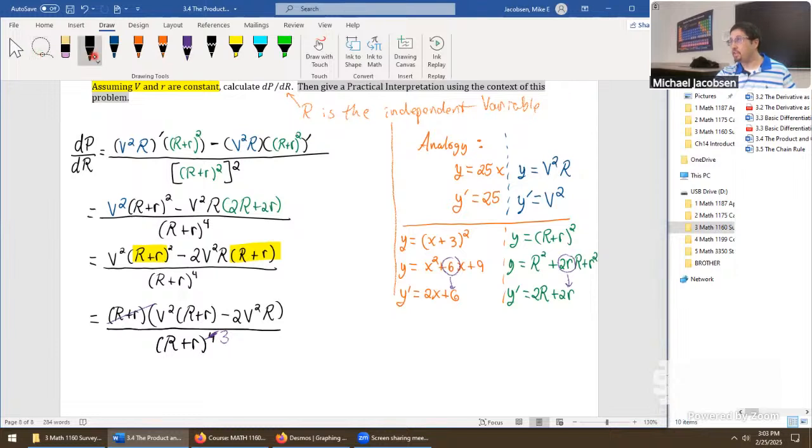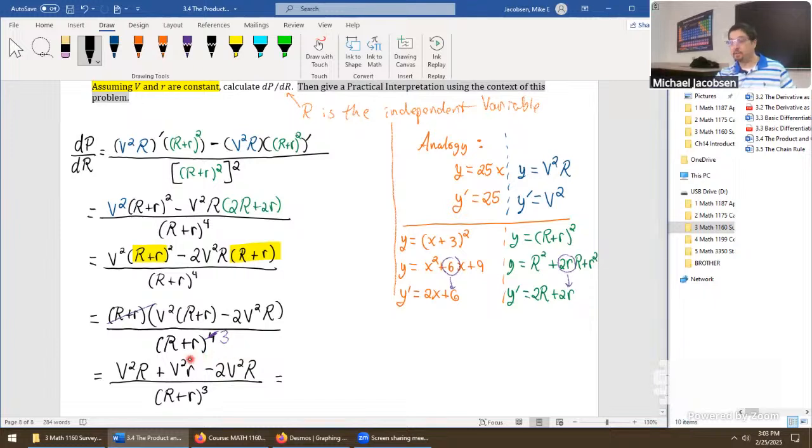So we're left with a little bit more algebra, it looks like. I'll distribute the v squared through. V squared R plus v squared little r minus 2v squared r under R plus lowercase r power 3. One last step, I promise. We have like terms here, v squared r minus 2 of them.